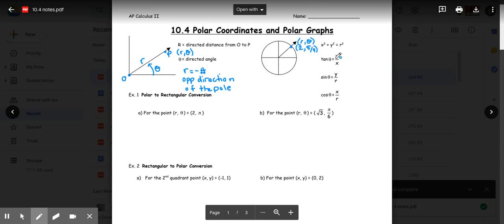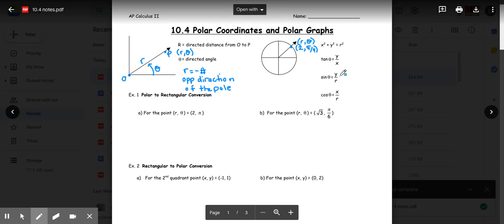So obviously we know tangent of theta is y over x. Sine of theta is y over r, in other words opposite, which is y, over hypotenuse, which is r. And cosine is adjacent, which is x, over hypotenuse, which is r.